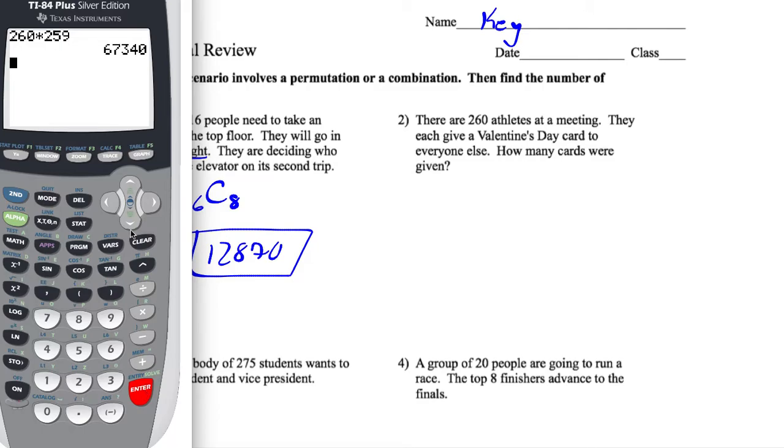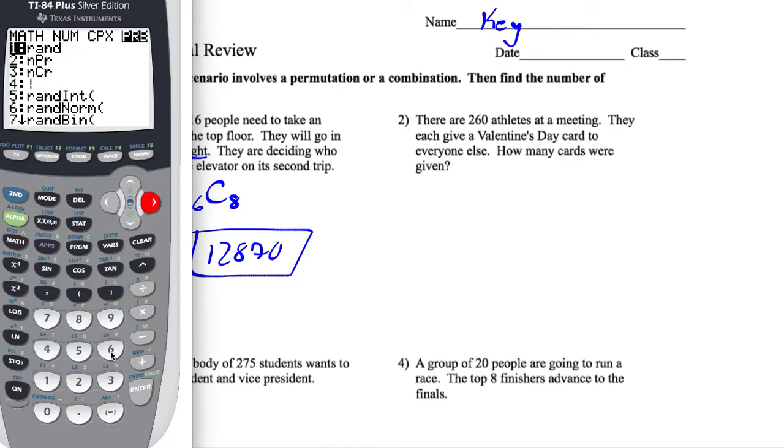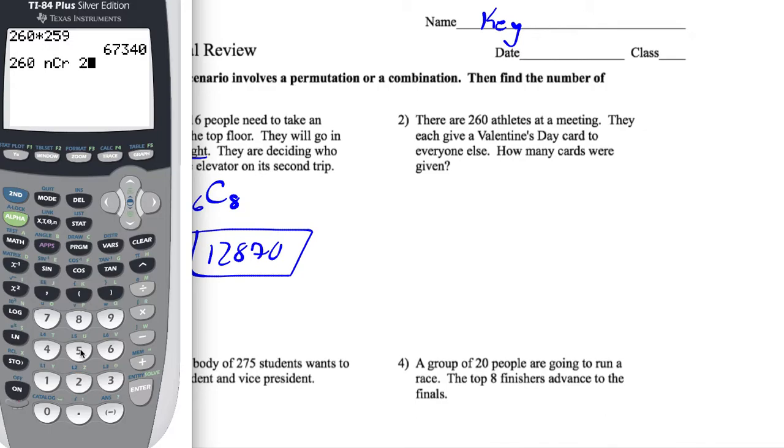Yeah, so we want to be careful. If you just saw my calculator, it's telling me overflow. It's too much going on there.